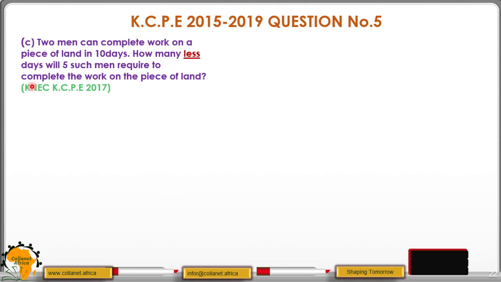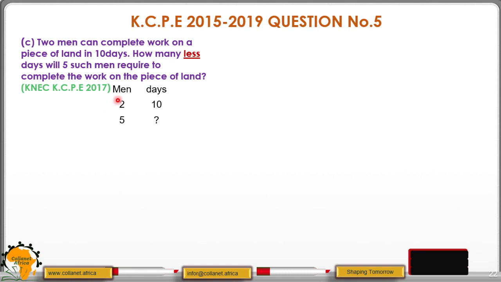You have to be very careful with terms like that one. That is why I noted it is good to underline, because the question may read, how many days will five such men require? It will give you a totally different answer, but here they're asking how many less.